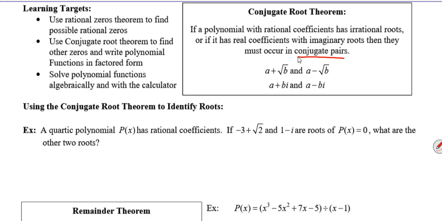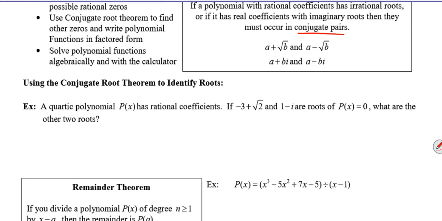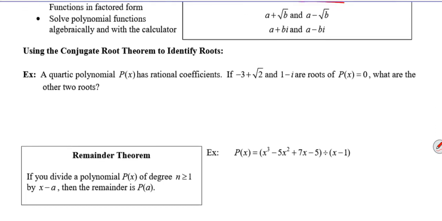If we're looking at this example, it says the quartic polynomial, quartic, so that means fourth degree, has rational coefficients. That's our criteria. So I have -3 plus square root of 2, so I know there's another root that's -3 minus the square root of 2.